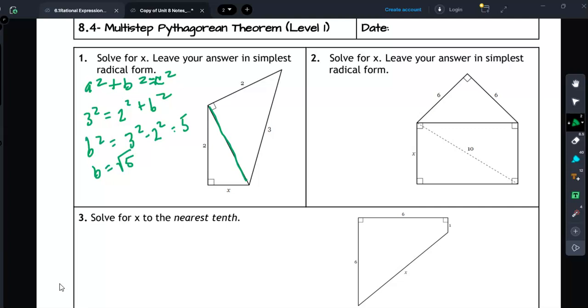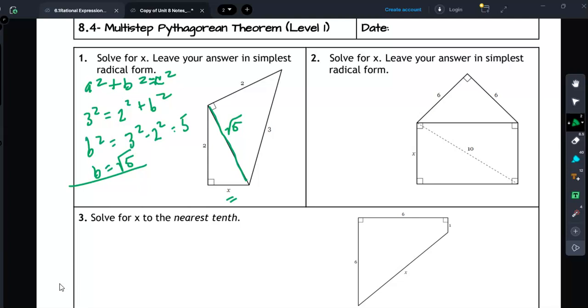Okay, so now how are we going to find X, if that's really what we want to find down here? We know this is the square root of 5. Same way, right? So now you have another Pythagorean theorem. We have 2, which is on the smaller triangle, what? It is a hypotenuse or a leg?